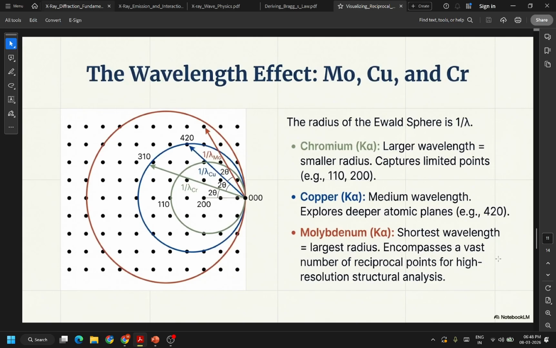And if we go for molybdenum, which has the shortest wavelength of the three, it will have the largest Ewald sphere, and it can be used to get a vast number of reciprocal points, which can result in high resolution structure analysis. So if we want the maximum number of reciprocal lattice points for diffraction, you want to go for shorter wavelengths. That means a higher atomic number target.